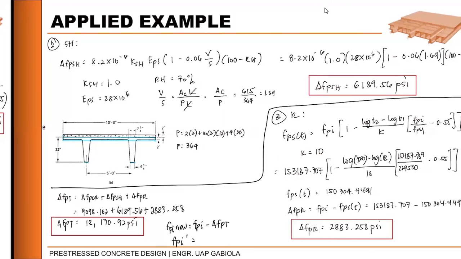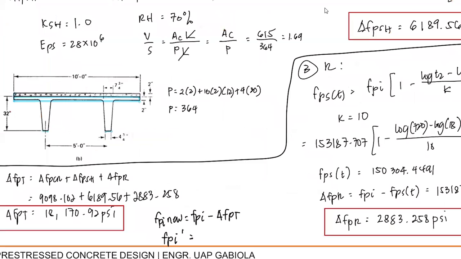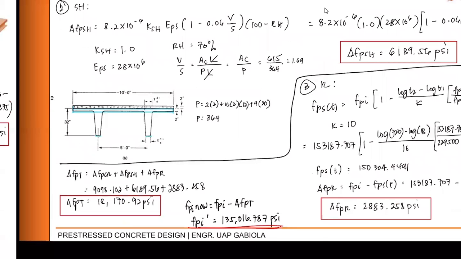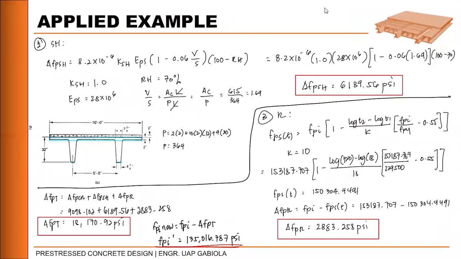So, this will be 135,016.787 PSI. Okay? So, ito yung ating gagamitin ngayon na initial for stage 3. Okay? Ayan. So, once na na-calculate na natin yan, we can now go dun sa ating third stage. So, yan yung sa second stage natin.